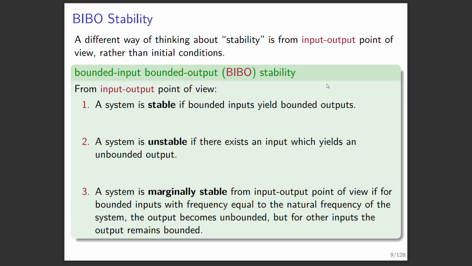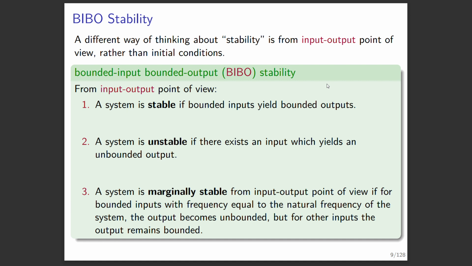And the system is marginally stable if, this is a little difficult, so let me read it and explain it a little slower. A system is marginally stable from input-output point of view if, for bounded inputs with frequency equal to the natural frequency of the system, the output becomes unbounded, but for other inputs, the output remains bounded.